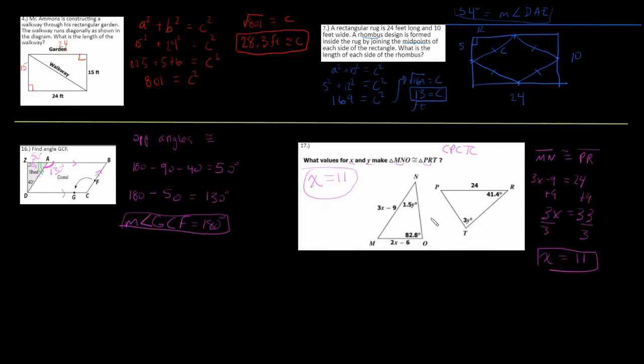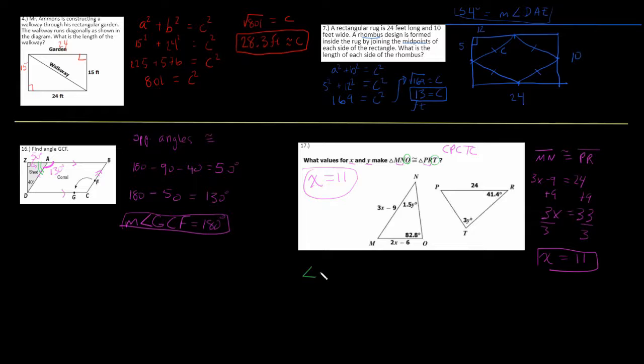Now let's find y. Well, let's see, we have a 3y here, and this is angle T. Let's do that in a different color. This is angle T. So by our little CPCTC, that means angle T and angle O have to be congruent. So here's our angle O. Oh, this is easy. Let's set them equal to each other.